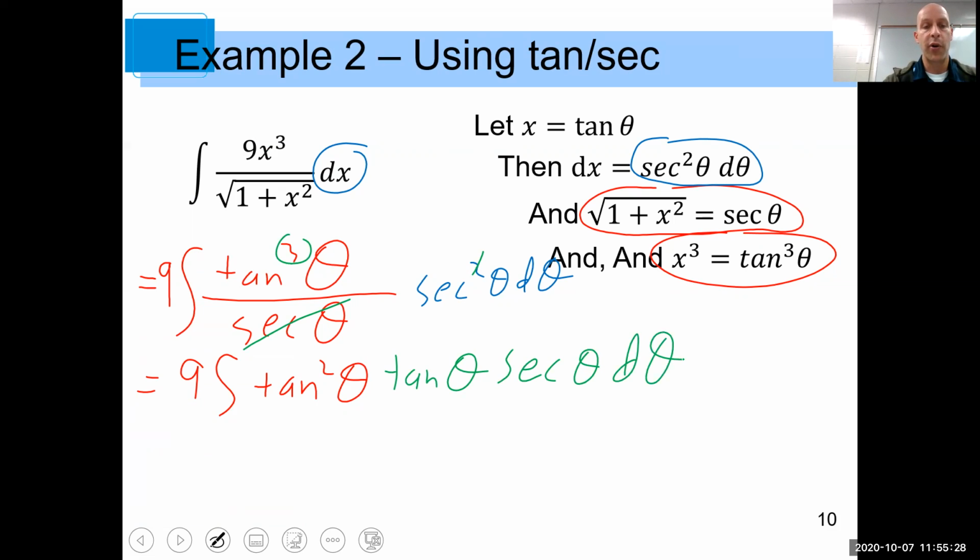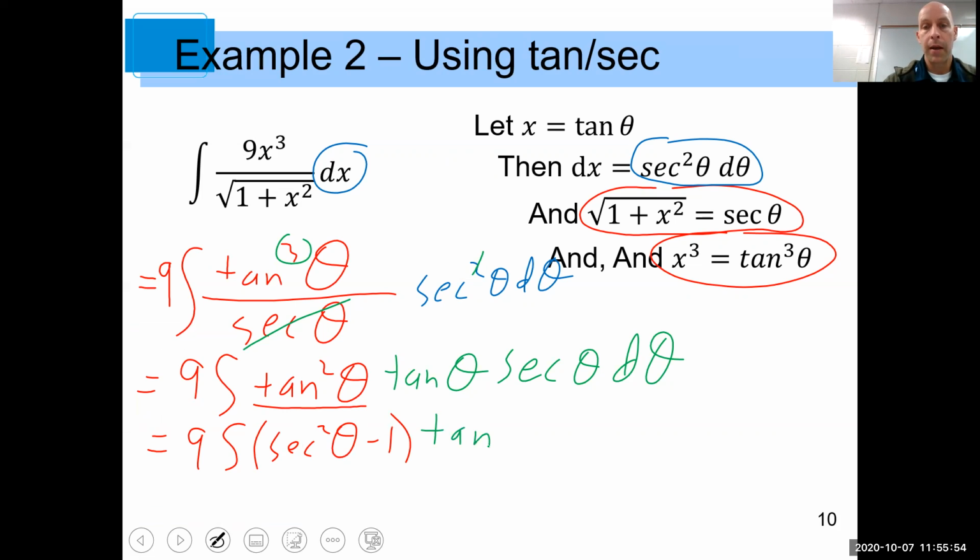Now I've done this on purpose because I want you to recognize something. Actually, let me do one more step and then we'll see if you can recognize it even more clearly. 9 integral, what is tangent squared theta? Tangent squared theta is secant squared theta minus 1. And then I'll leave this other stuff in green.